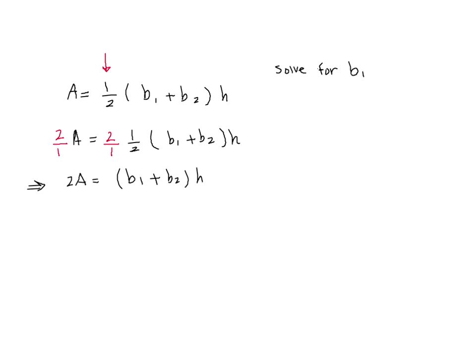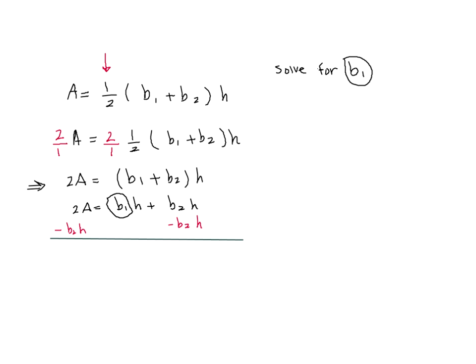The next step is to distribute. We get B1 times H plus B2 times H. Remember, we're solving for B1, so we need to isolate B1. So what I need to do is to subtract B2H from both sides of the equation.